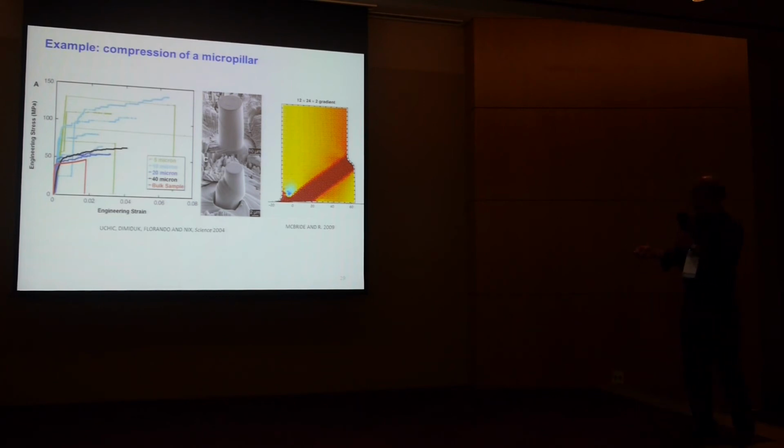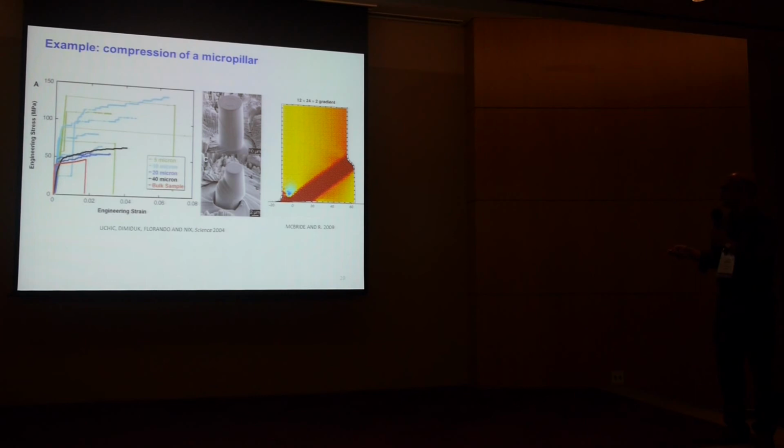So here's an example of an experiment. This is a column of pure nickel, so it's been machined out of a block of nickel. The scale there, in case you can't read it, is 10 microns. So this column is less than 100 microns high, and it's subjected to compression.